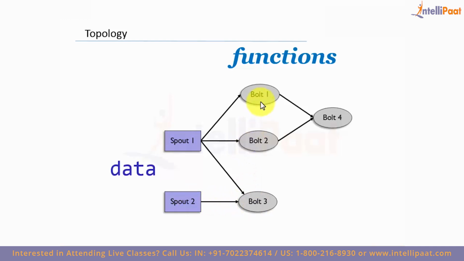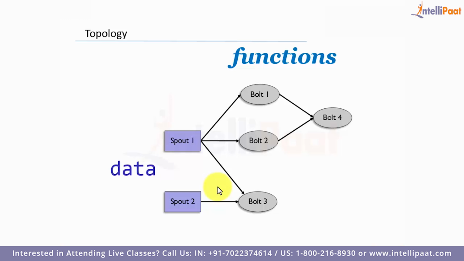For the input from spout 1 to bolt 1 and bolt 2, which are running in parallel, both of them do some sort of processing and then write their output to bolt 4, which will receive the processed data from bolt 1 and bolt 2 as its input and do some transformations on top of it. Bolt 3 receives the data from spout 1 and spout 2, and will have its own separate business logic implemented there.